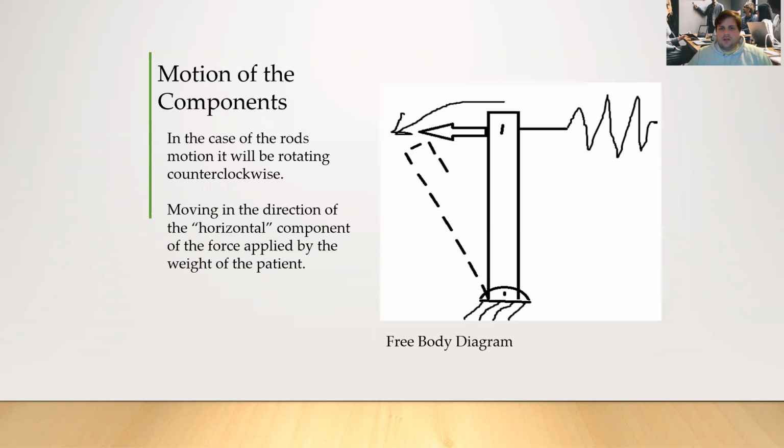Getting into the motion, like I did before in the progress report, the motion is going to be a rotation, and I simplified it by taking the perpendicular force all the way through, seeing as the other component of the weight from the patient is only going to be compressing the rod, and it wasn't going to be as impactful.